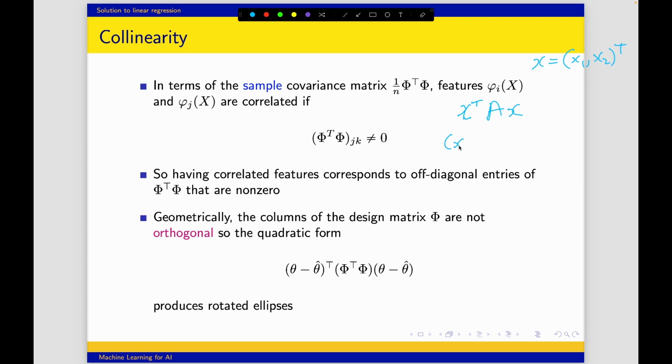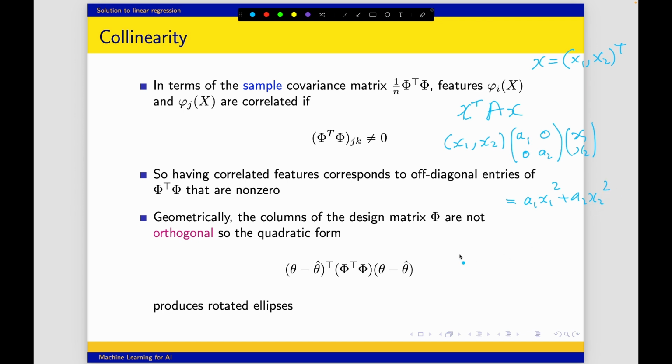So x transpose is going to be x1, x2, and let's say A is a1, 0, 0, a2. So it's a diagonal matrix. The off-diagonal entries are 0, and then we're going to get x1, x2. If you multiply this whole thing out, we'll get a1 x1 squared plus a2 x2 squared.